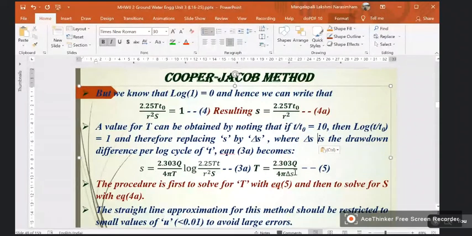This will now be the simplified equation. This is our final equation for T. Once T is known, you can calculate all the other things.